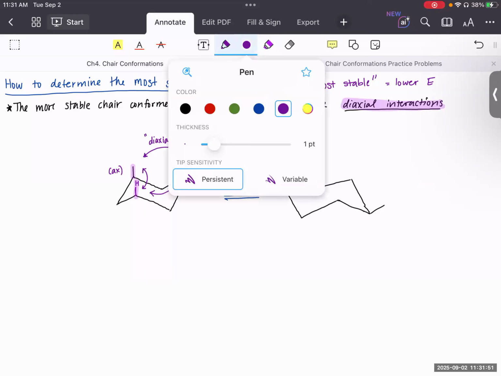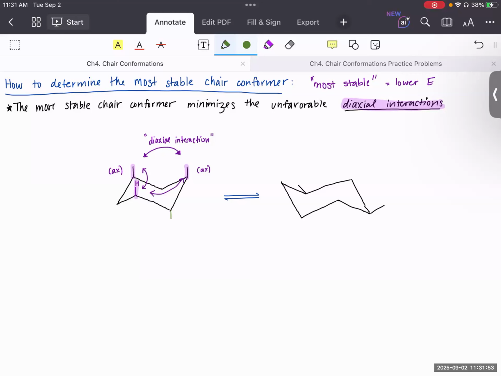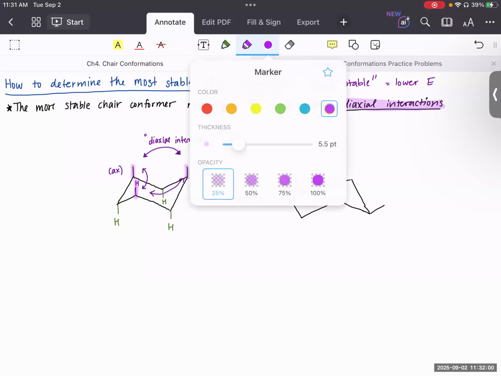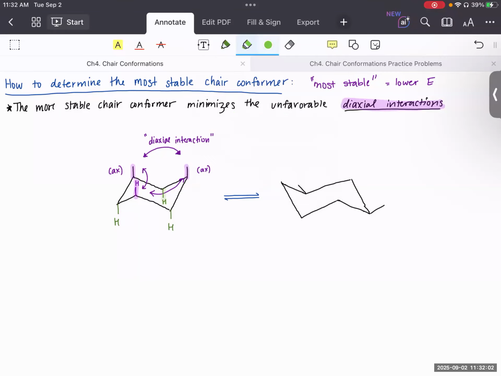And if we were to draw in the hydrogens that face downwards on the axial groups, we also get diaxial interactions between all of those axial groups, and those are also unfavorable. However, hydrogens are smaller, so they aren't as bad or destabilizing as the bigger methyl groups are.